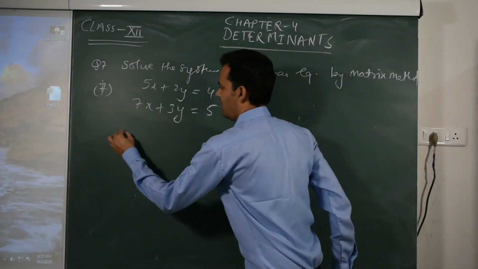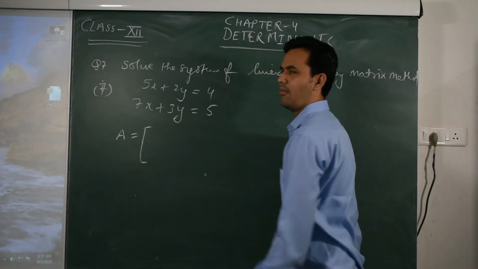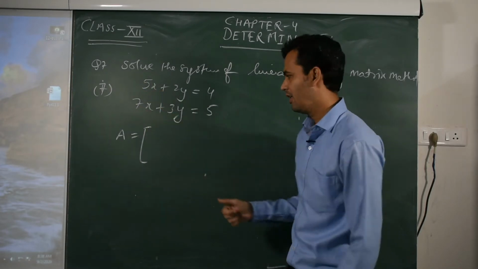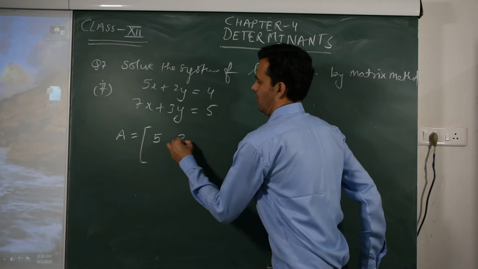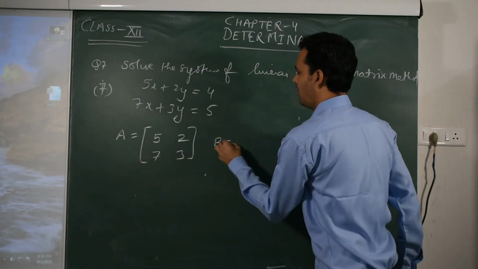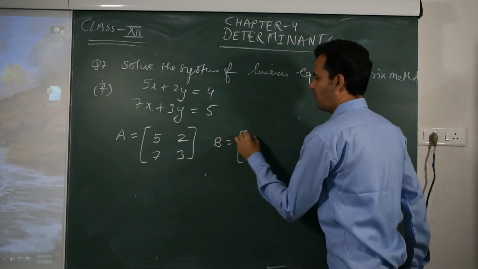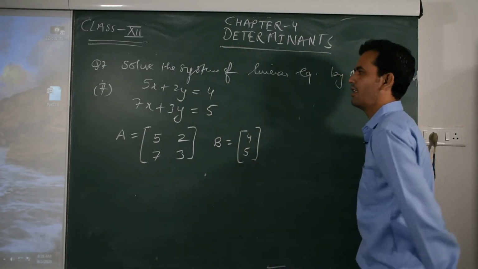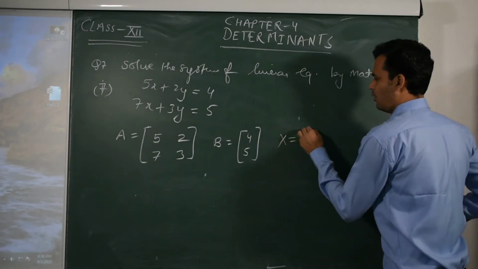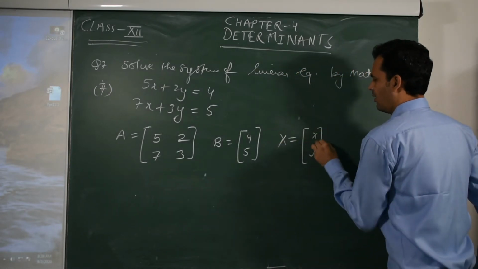For this we first find matrix A. 5, 2, 7 and 3 are the elements of A, and matrix B is 4 and 5, and there are two variables x and y. So we take capital X equals x and y.